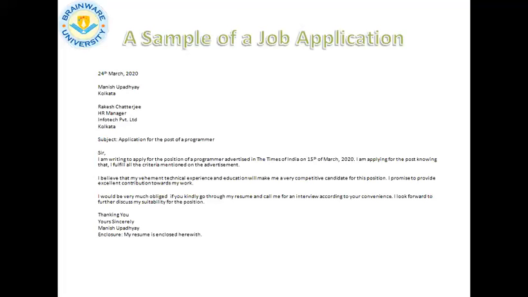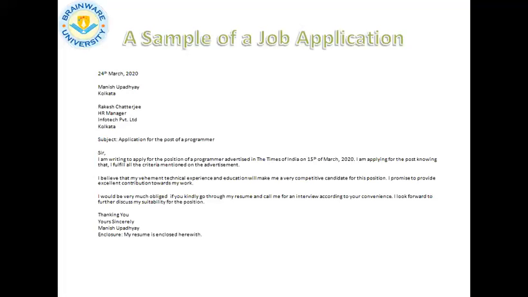As you can see on the sample, your approach should be very professional. Application letters have a fairly rigid format. As an employer reads your letter, he will be expecting some certain information from your letter. You have the freedom to change a little bit within the structure, but it is important to stick to a certain level of formality.